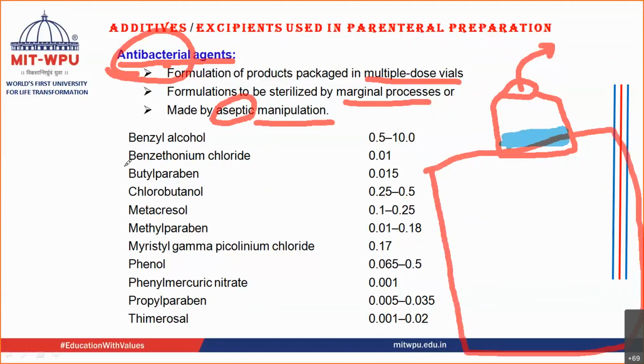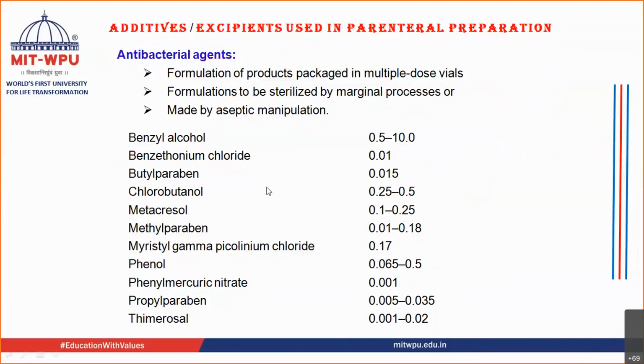The examples of antibacterial agents that have been used are benzyl alcohol, benzalkonium chloride, butyl paraben, chlorobutanol, metacresol, methyl paraben, propyl paraben, phenols. So these are the different antibacterial agents that can be used.